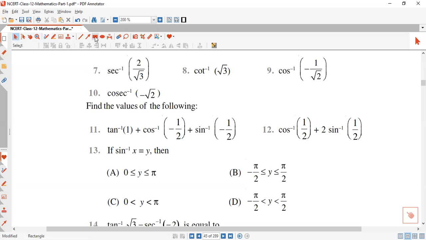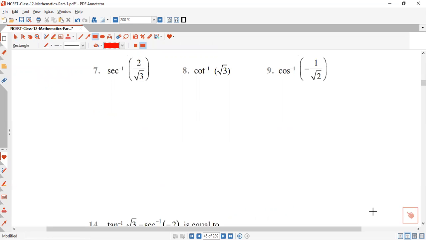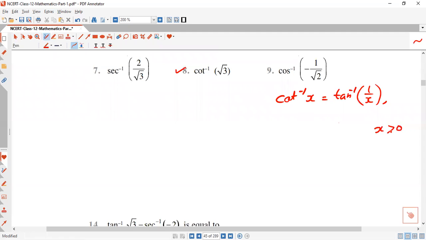Now, question number 8. Cot inverse root 3, convert into tan. Since we know cot inverse x will be equal to tan inverse 1 upon x, this will be true only when the value of x is positive.